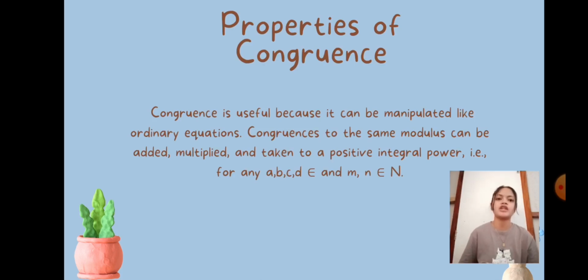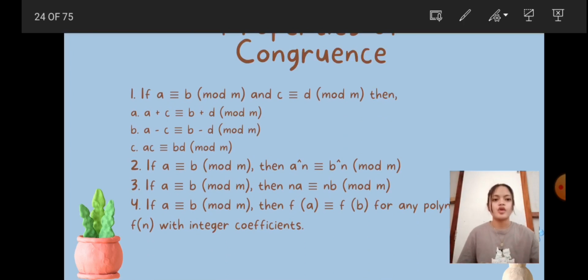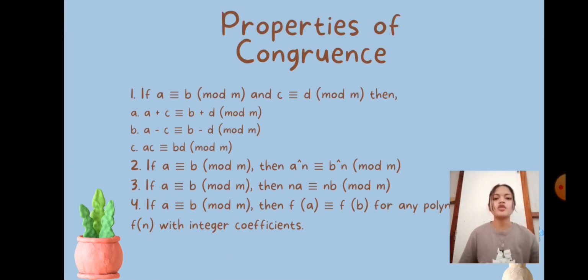So, for any a, b, c, d elements and m and n elements: if a is congruent to b mod m and c is congruent to d mod m, then a plus c is congruent to b plus d mod m, a minus c is congruent to b minus d mod m, or a times c is congruent to b times d mod m. So dapat congruent lang sila bitaw, like equal.